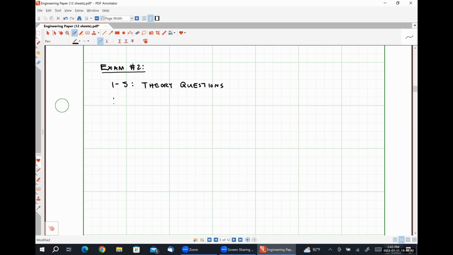Problems 6 through 10 will be regarding Thevenin and Norton equivalent circuits. So 6 and 7 will be a circuit that does not contain any dependent sources.